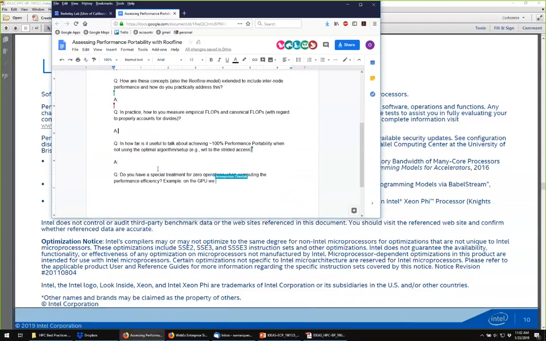Another question here: how far is it useful to talk about achieving roughly 100% performance portability when not using the optimal algorithm or setup, with respect to the strided access, for example?